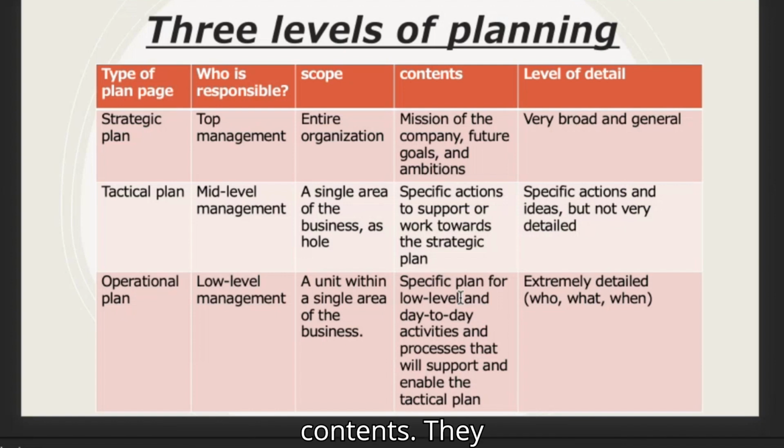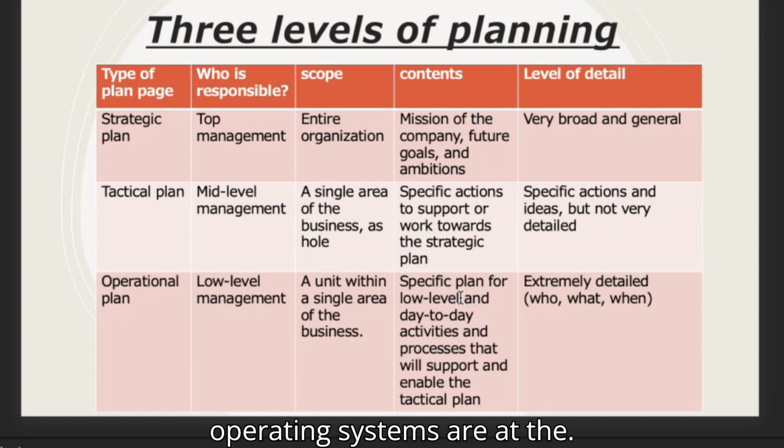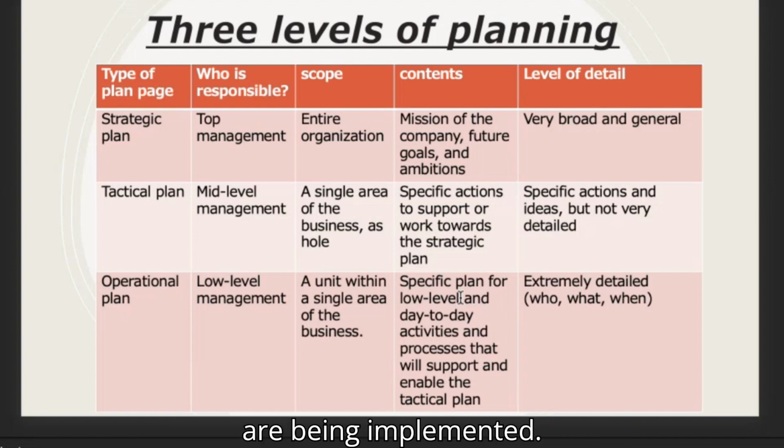So these are the contents that talk about the mission, vision of the organization and the goals at the top level. Then the support systems are in the middle level, and the operating systems are at the operations level, where the actual activity is being done, where the plans are being implemented.